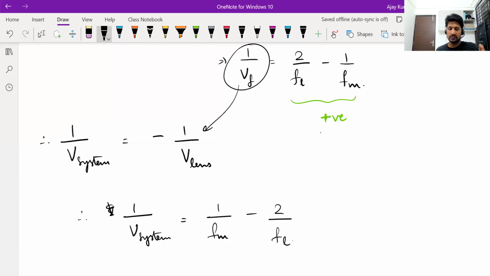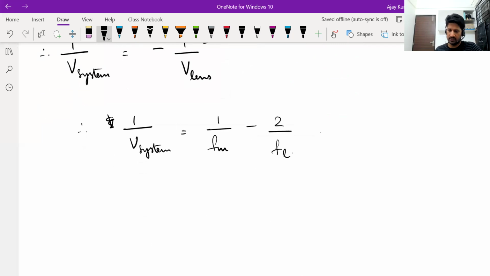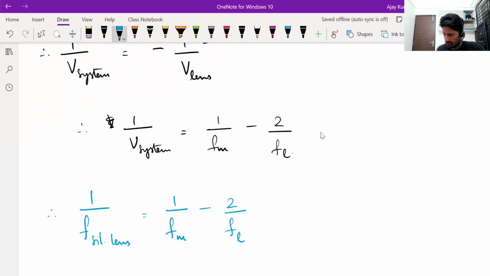And this is what is the focal length of the silvered lens. Therefore, 1 by focal length of the silvered lens is equal to 1 by focal length of mirror minus 2 by focal length of the lens.